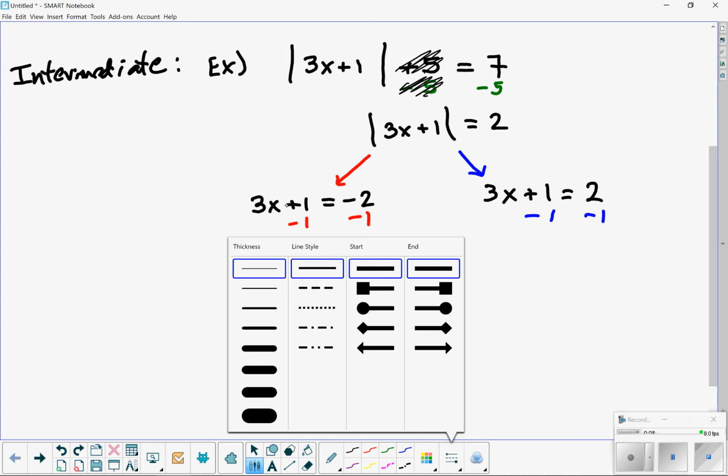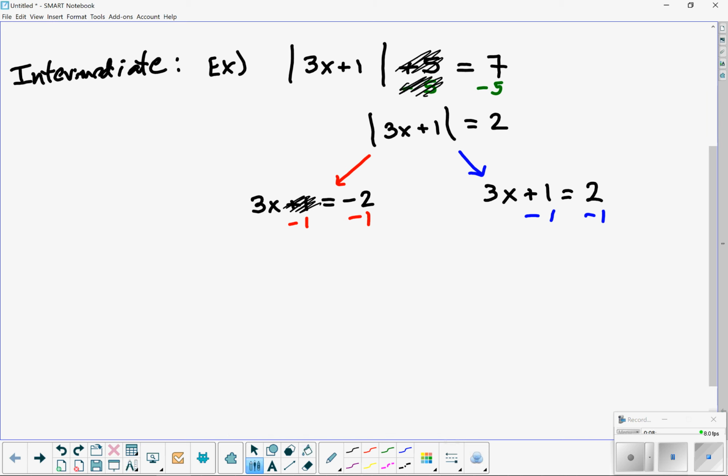They're both plus 1, so I'm going to do -1, and that's going to get rid of it. So I'm able to do both of these at the same time. So 3x, and -2 minus 1 is -3. Over here, 3x, I'm just going to copy it down, and 2 minus 1 is 1.